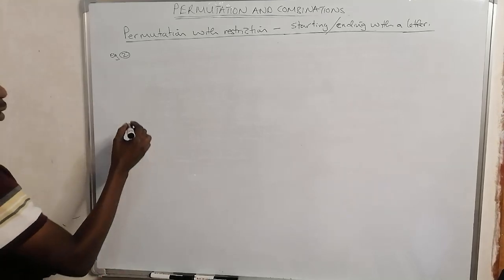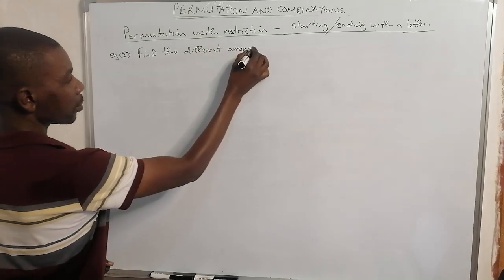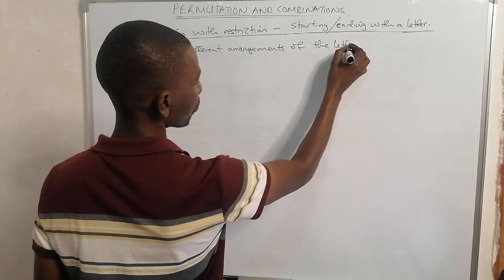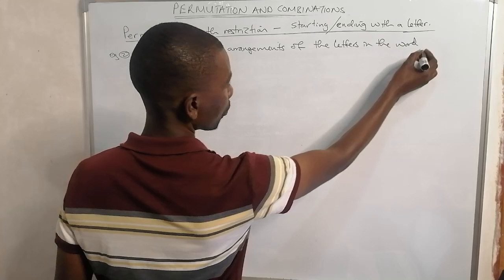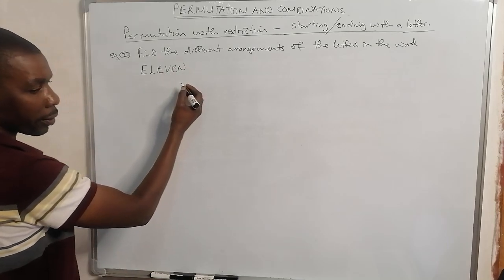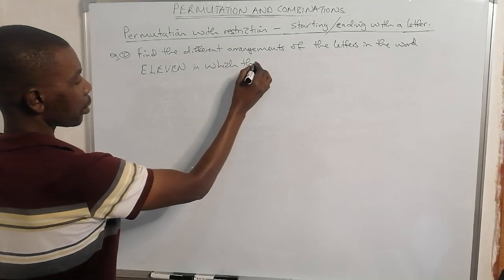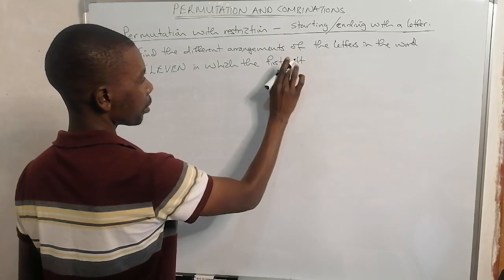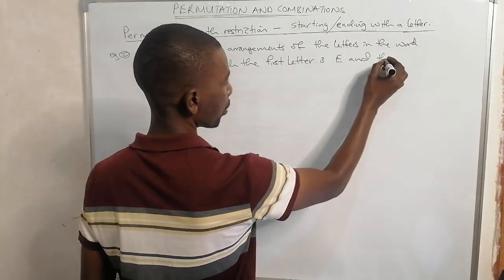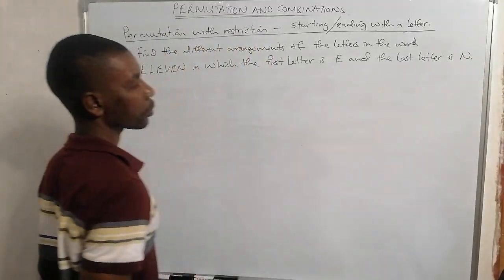Find the different arrangements of the letters in the word "LEVEN", in which the first letter is E and the last letter is N. Now the solution.